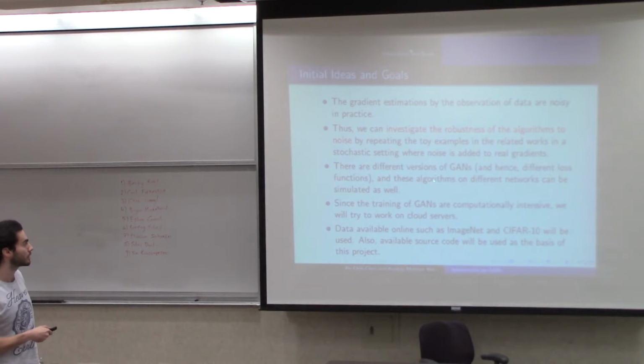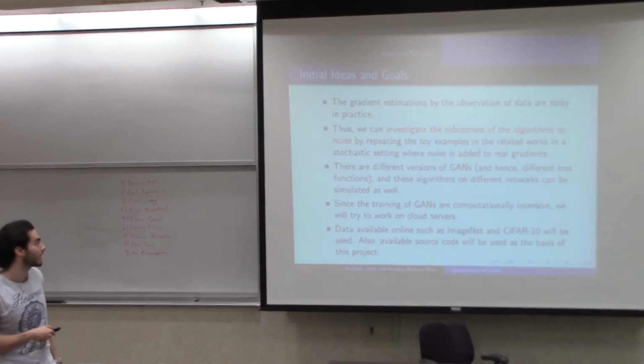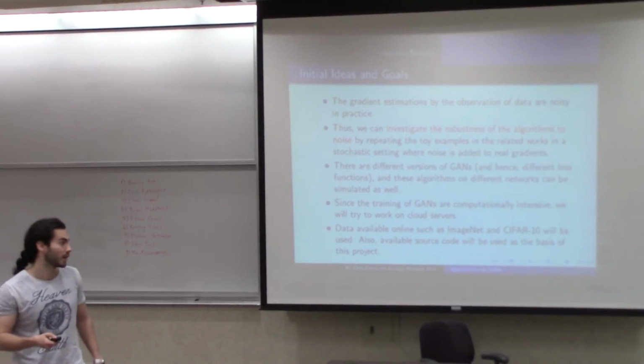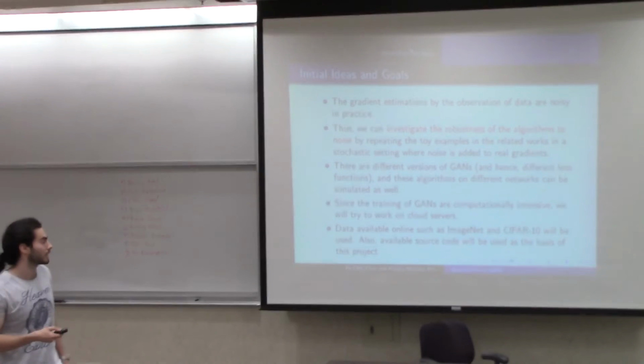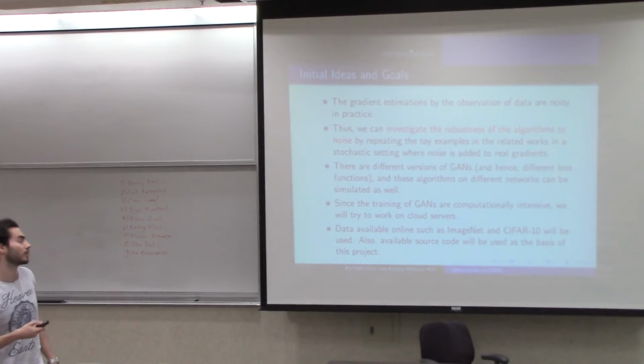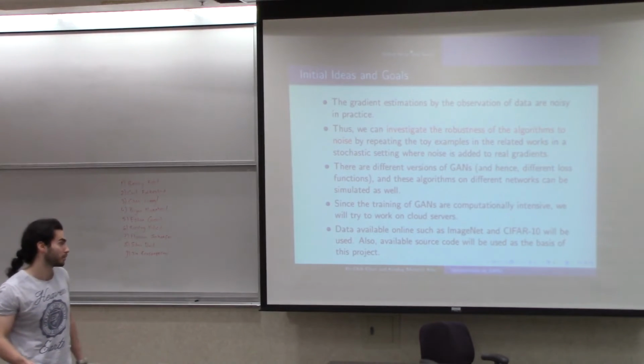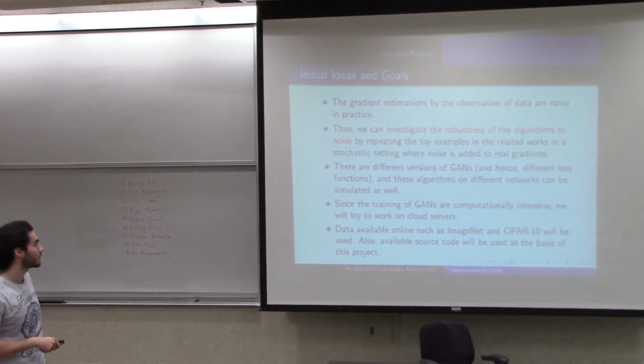Also, there are different variants of GANs such as Wasserstein GANs or the BC GANs, and they have different loss functions that may give, for example, different Jacobian eigenvalue characteristics. Therefore, algorithms will probably work differently.